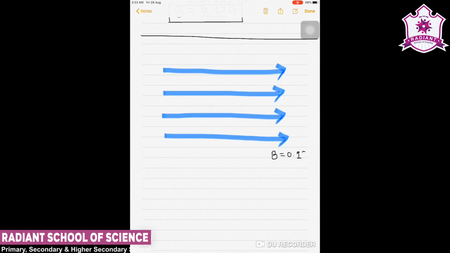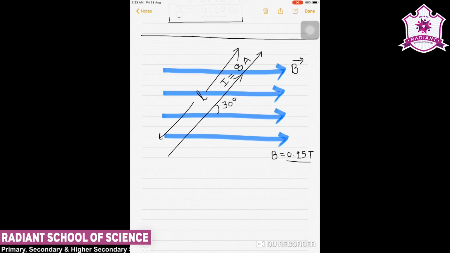Now we are provided one wire, and this wire makes an angle of 30 degree, sorry, with the uniform magnetic field B. So this magnetic field is uniform, and this is a wire of say length L, having current 8 ampere in it.